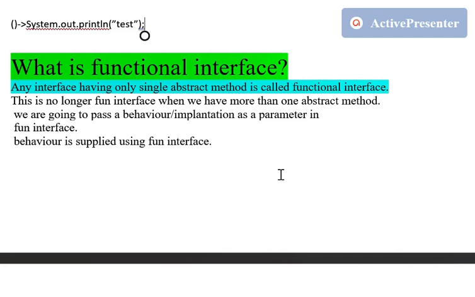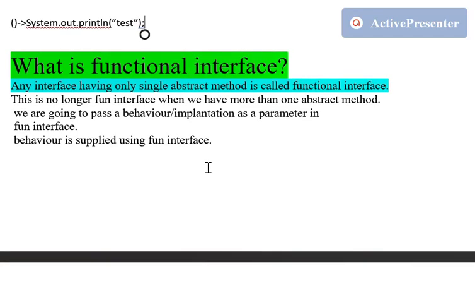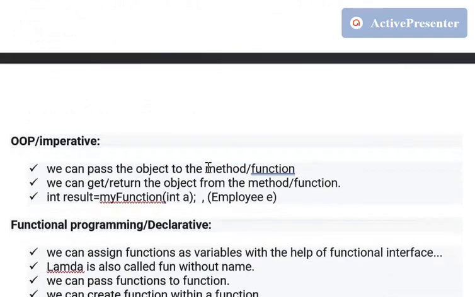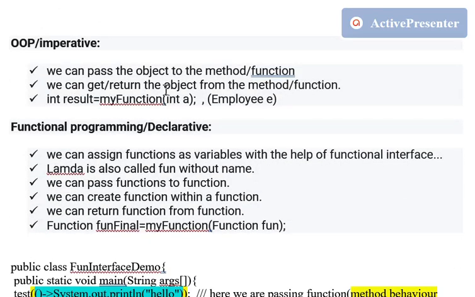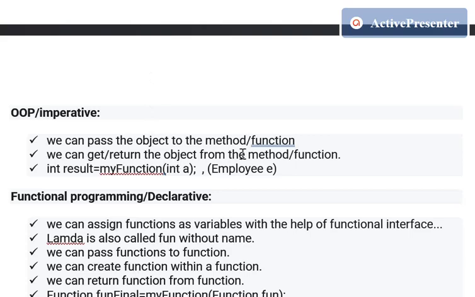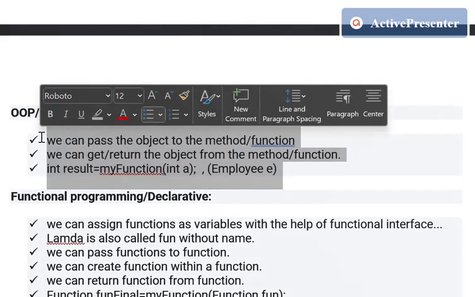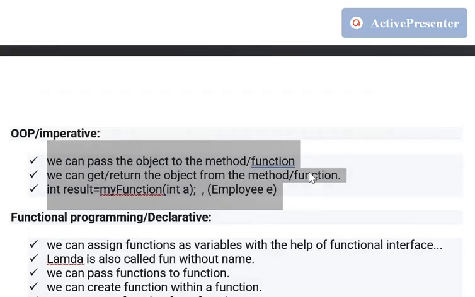What is the use of this functional interface? In normal Java, we can pass the object to a method, or we can pass the variable to a method. We can get the object or variable from the method. So this is the way of passing the variable. This is the way of passing the object. So these are normal object-oriented programming terms.